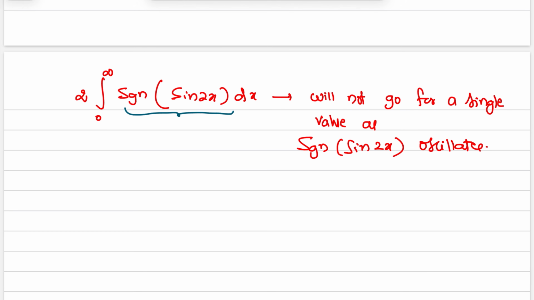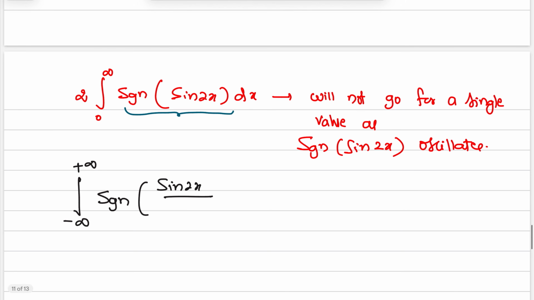Hence, the integral from minus infinity to plus infinity of signum sin 2x by x to the power of 5 does not give a single value, it will not converge to a single value, rather it diverges. This one is proved.